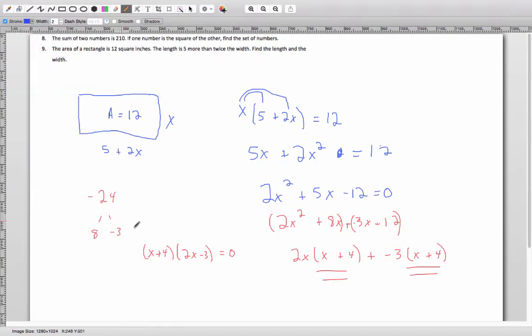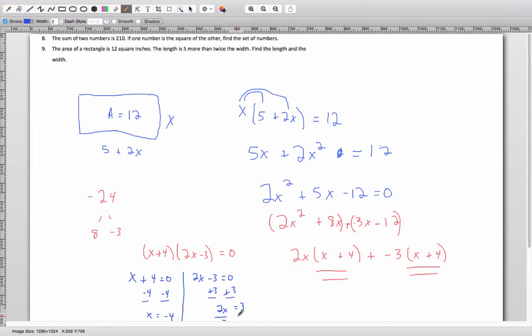Now let's take this and set each part equal to 0. x plus 4 equals 0, and 2x minus 3 equals 0. Subtract 4 on both sides: x equals negative 4. Over here, I'm going to add 3, so I have 2x equals 3.